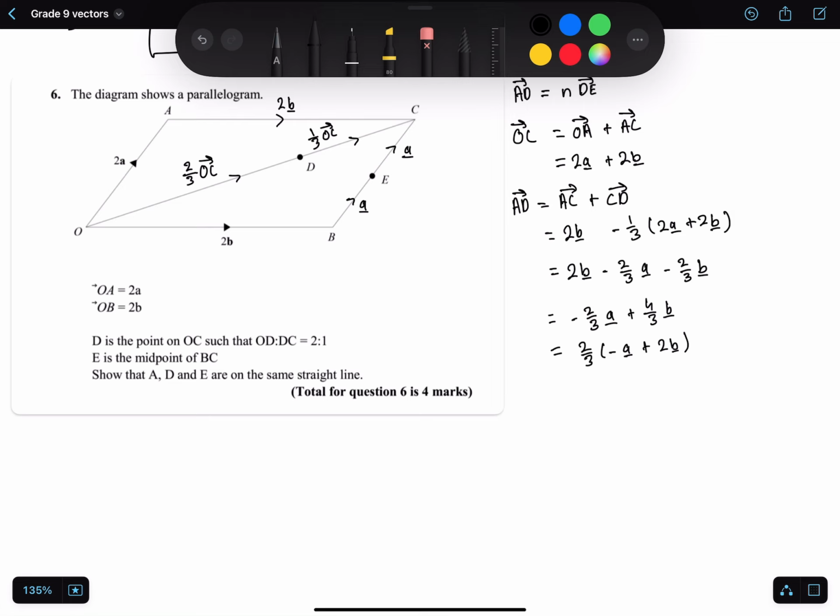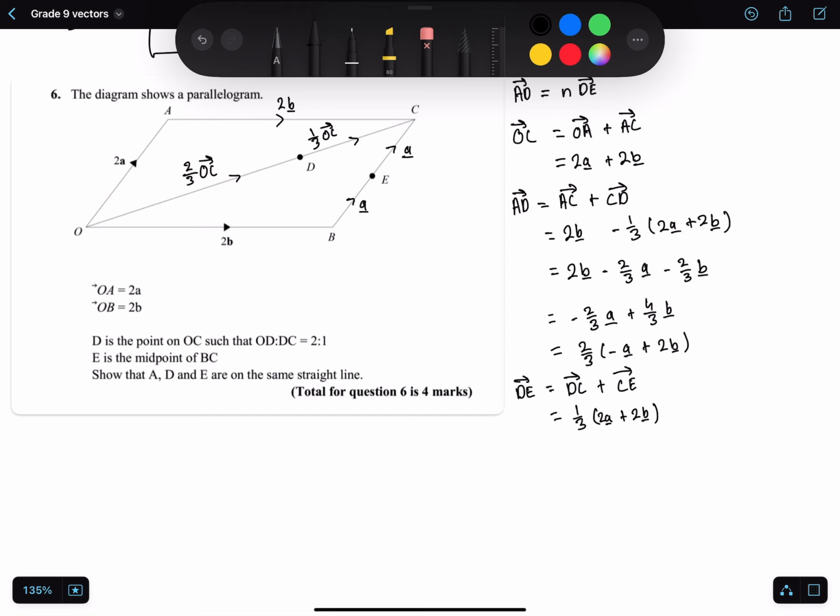Now what we want is the vector for D to E. So DE can be denoted by DC plus CE, which we can simplify to 1/3 (2A plus 2B), as we know that that's the length of OC, the vector for OC.